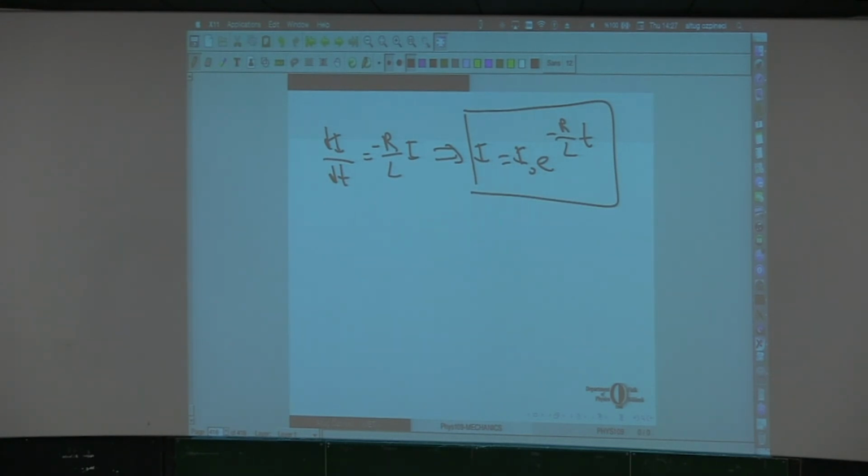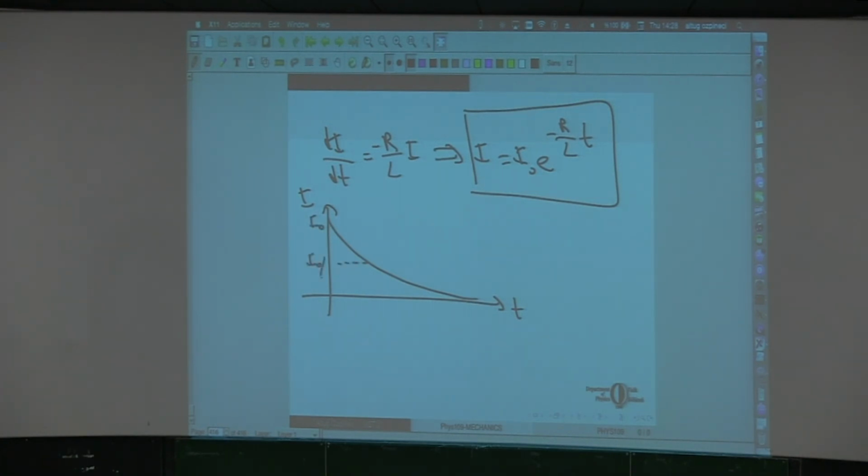As we expect, if R is large, then this exponential will decay off very fast. If L is large, then it will decay slowly. So it will have this dependence. This is T, this is I, so this is I0.